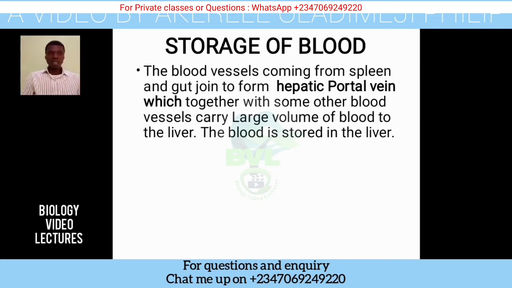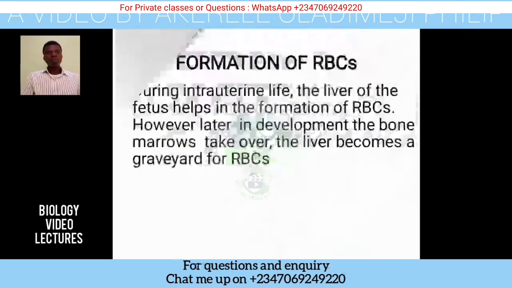Now, formation of RBC. During intrauterine life, when we were in our mother's womb, the liver of the fetus helps in the formation of red blood cells. It does this not all the way. Initially, around the first trimester, the first 3 months, it is the yolk sac that forms red blood cells. Around the 6th month, the spleen and the liver take charge.